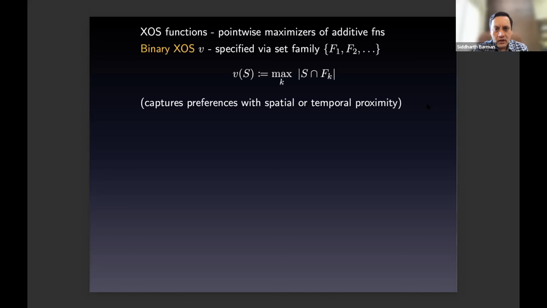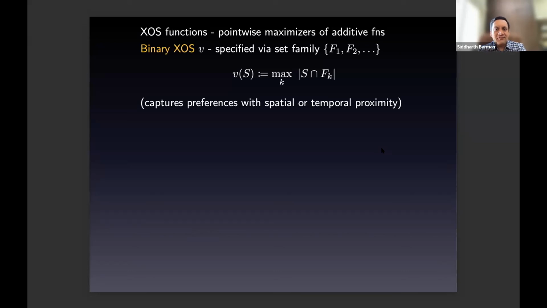For example, if each of these F_i is an independent set of a matroid, then v becomes the rank function of the matroid. You're just looking at the largest intersection among all independent sets. That's a matroid rank function. This is more general. I'm imposing no structure on these F_i. This is any set family, and you just obtain it this way.